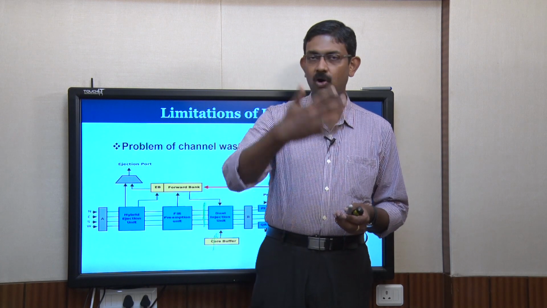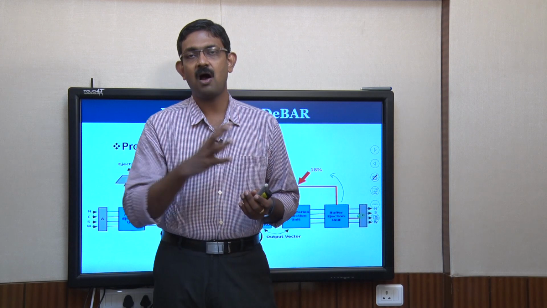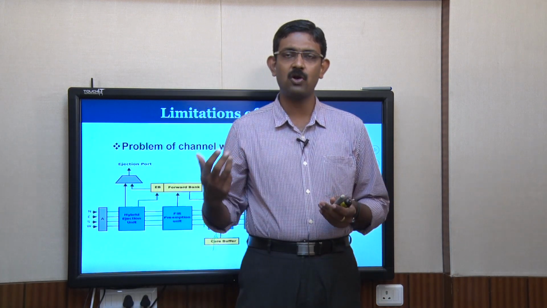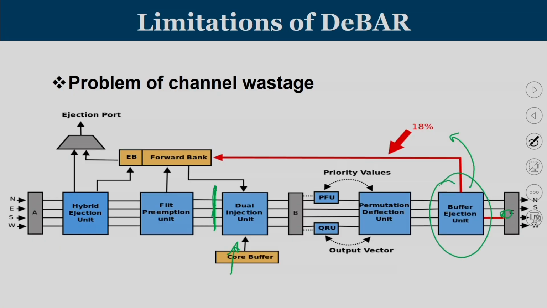But it so happened that all the flits that were there in the internal pipeline channel, after the port allocation, some of the flits got a non-productive port, and we see that the buffer eject unit that is going to remove the flit has found that one flit has been removed. For example, assume that was a flit that was assigned the east output port. So, the flit that got the east output port was not happy. So, that flit was being taken to the side buffer because it is a deflected flit.